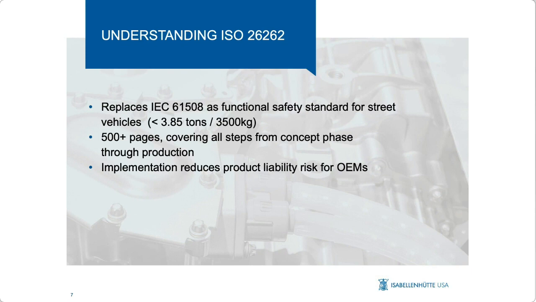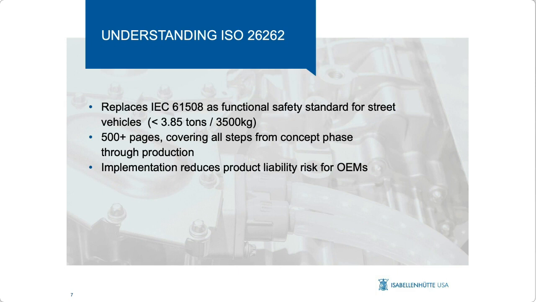ISO 26262 was developed with the help of the automotive industry, and it replaces the old IEC 61508 as the functional safety standard for street vehicles. Having said that, it can also be used for commercial vehicles though, and we can see a trend in the industry that this is more and more the case.